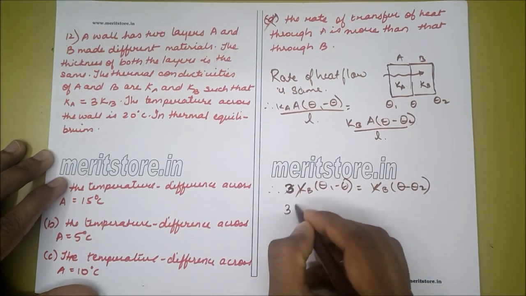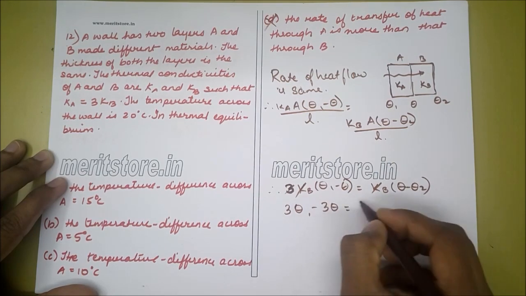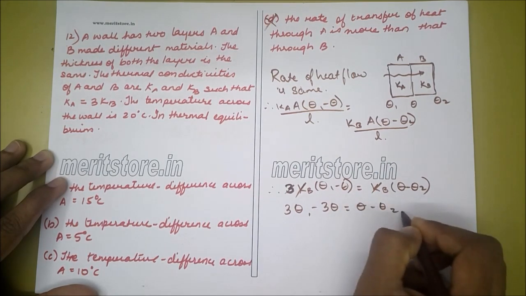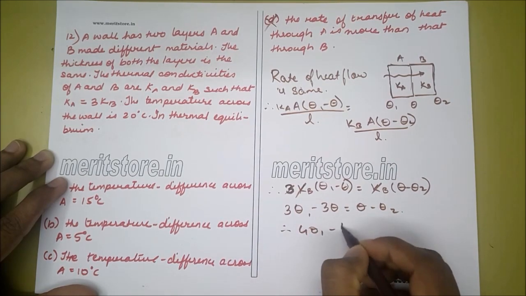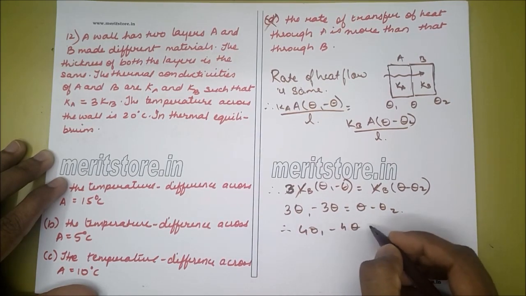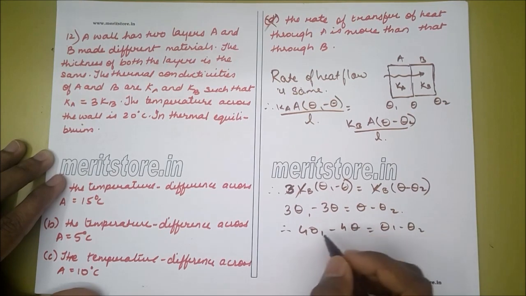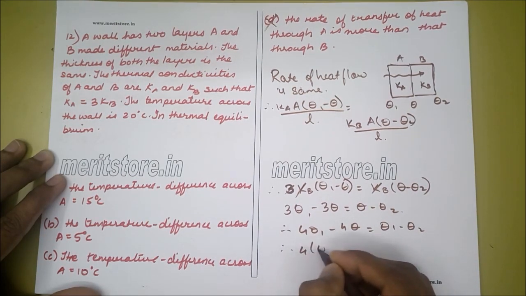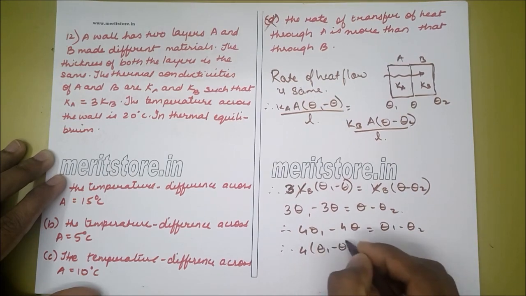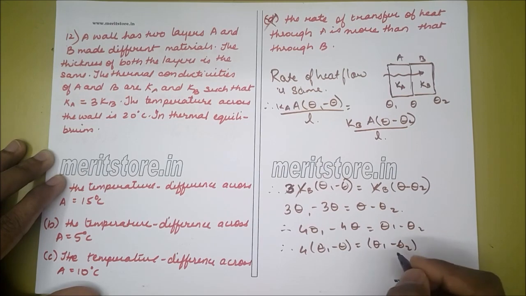What we are left with is 3 times theta 1 minus 3 theta is equal to theta minus theta 2. So therefore 4 times theta 1 minus 4 times theta is equal to theta 1 minus theta 2, as we are just adding theta 1 on both sides. So 4 times theta 1 minus theta is equal to theta 1 minus theta 2.